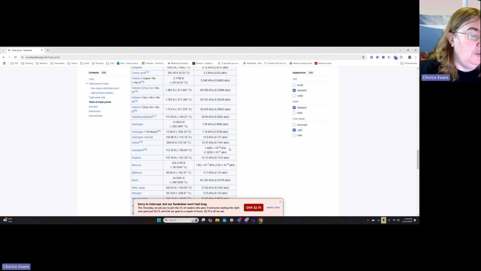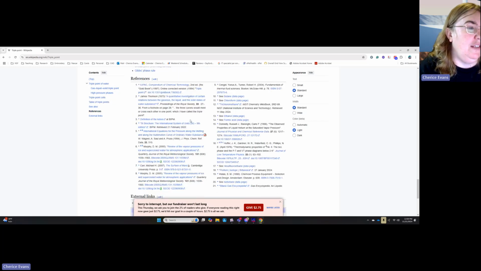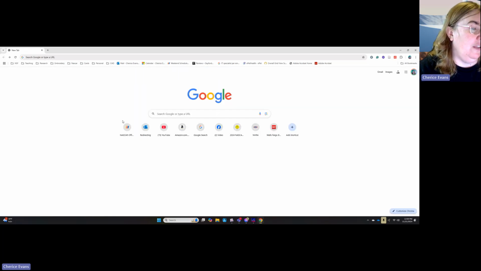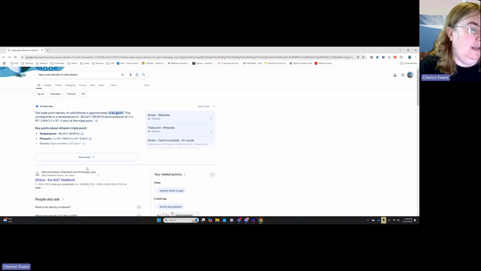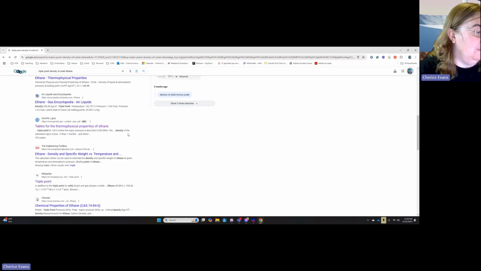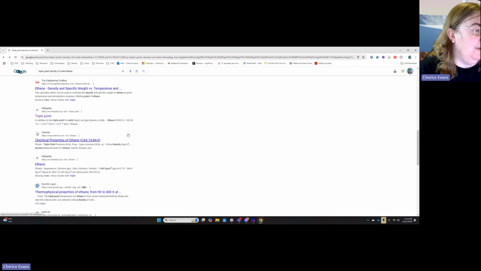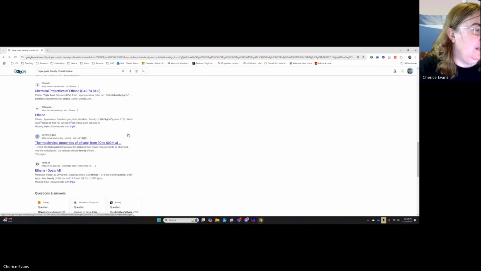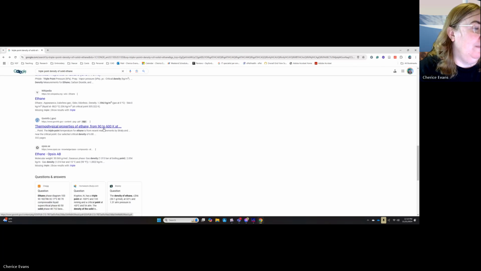So you can see the issue with this is finding the densities of the solid at the triple point can be problematic. And you can't inherently necessarily trust what the AI pulls up, that's really the triple point at the solid, because it's not interpreting the data correctly either.